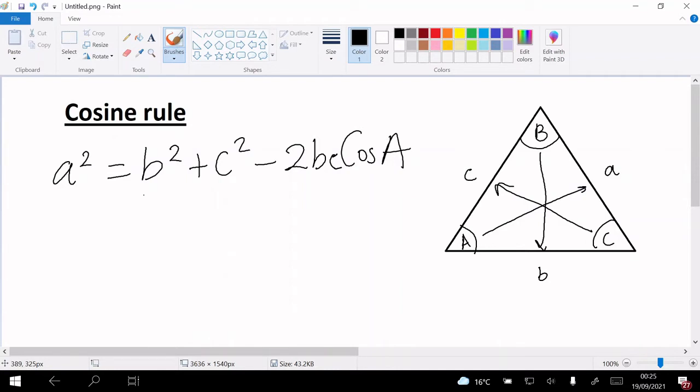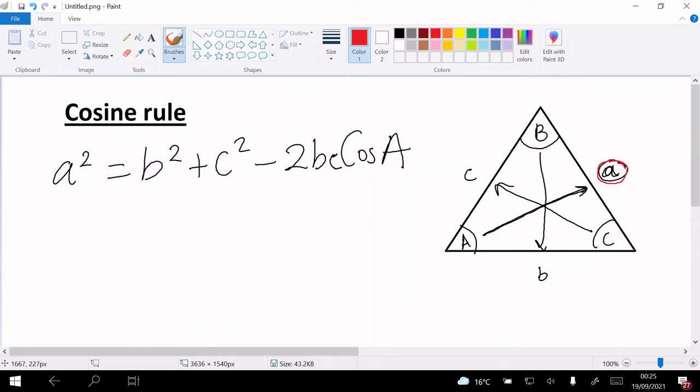So you name all three angles of the triangle A, B, or C. Usually if I start with A, then the next one is B, the next one is C.